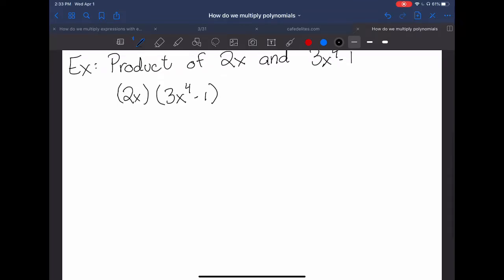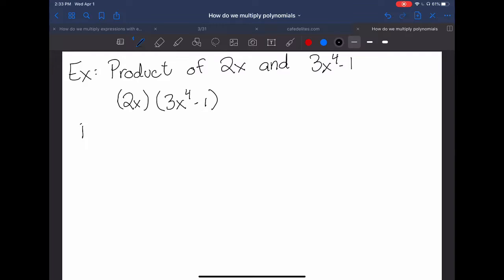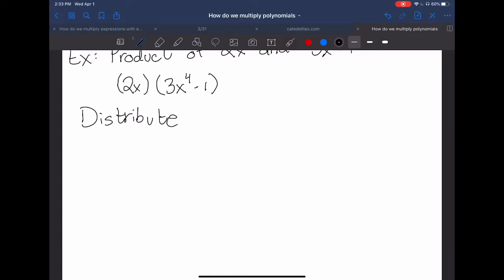So let's try this with strategy number 1, which is distribute. This is probably the most natural way to do this one. So 2x times 3x to the fourth minus 1. So I'm going to distribute this whole 2x to both terms inside of my parentheses.